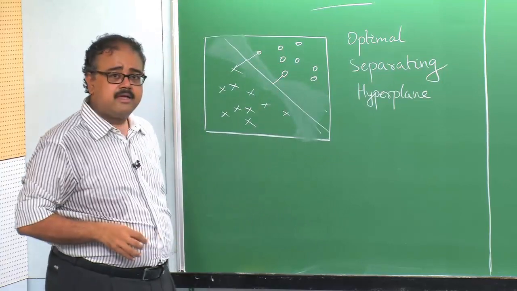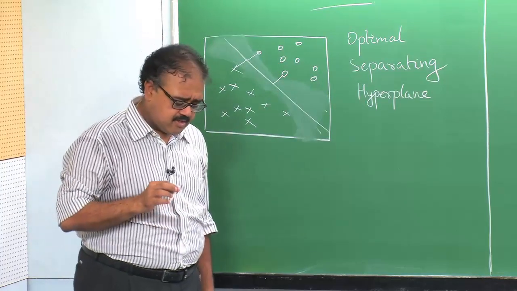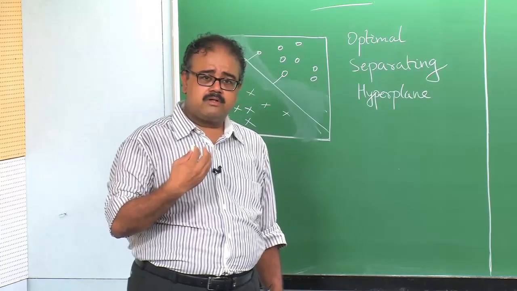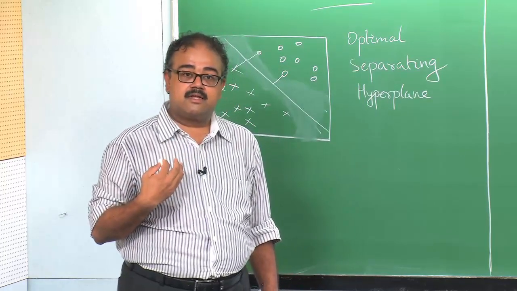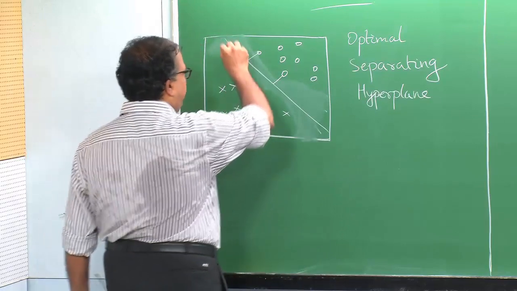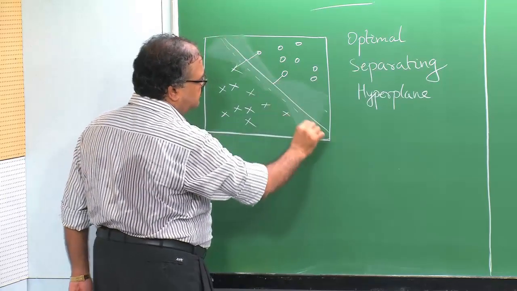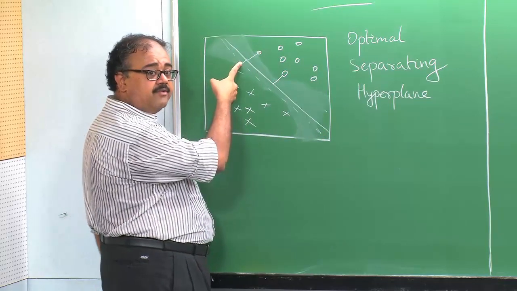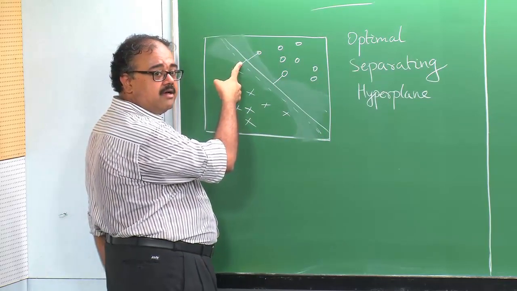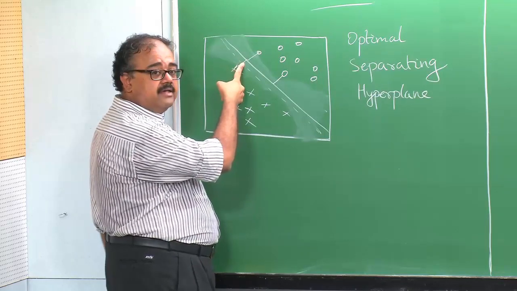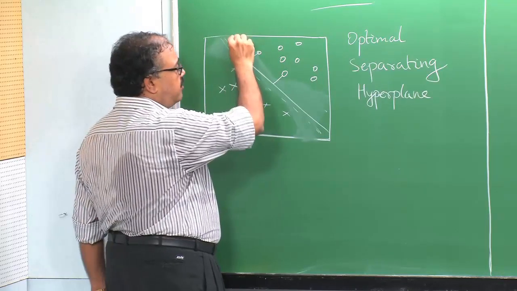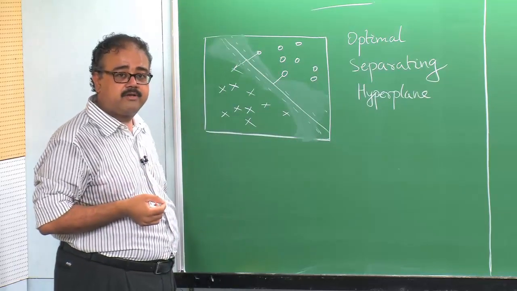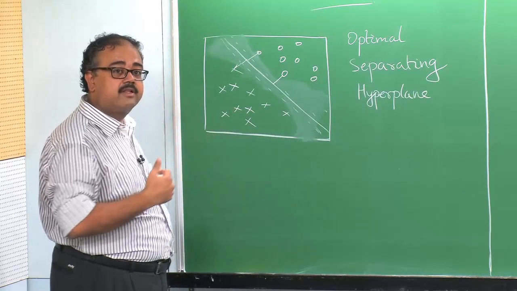If you think about it, the nearest data point cannot belong to just one class. I could draw a line like this, but then that would mean that I am reducing the distance of the data point to the separating surface, or if I go this way, again I will be reducing the distance of the data point to the surface in one class or the other.